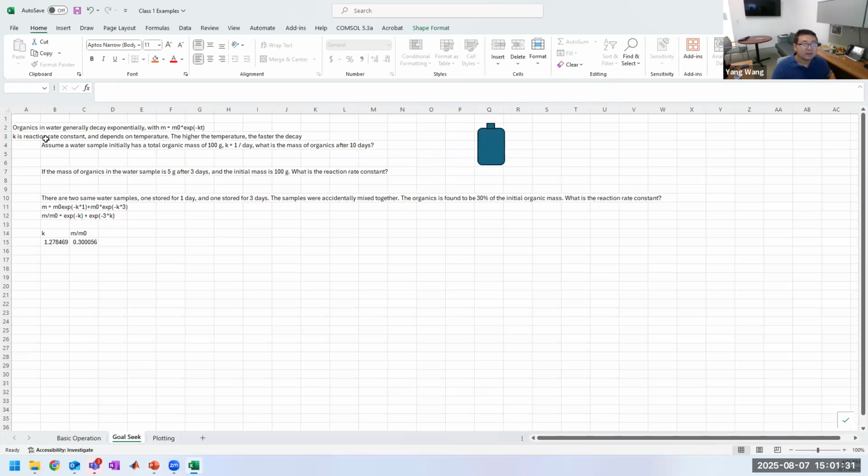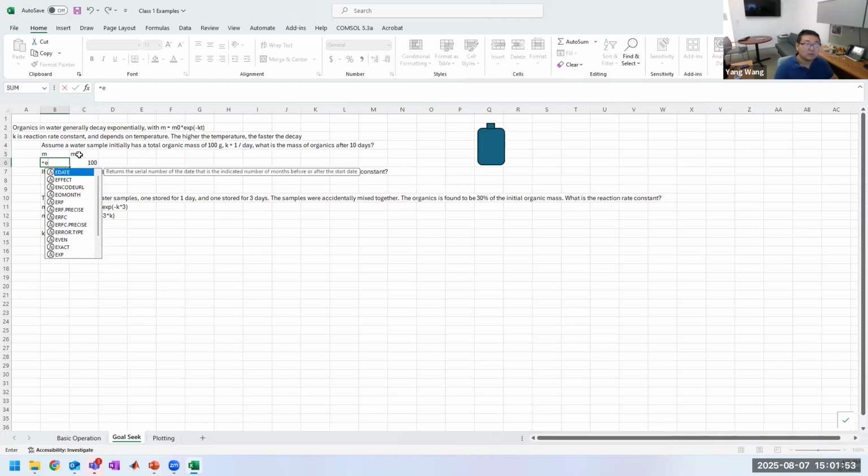Now the problem is saying that when we sample the water, it has an initial organic mass of 100 grams, and the reaction rate is 1 per day. What is the mass of organics after 10 days? It's quite easy to solve because we're trying to solve for M, and we know M0 is 100 grams.